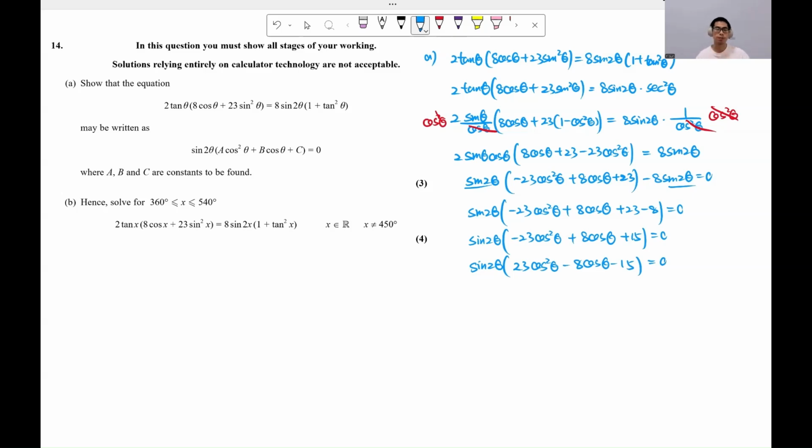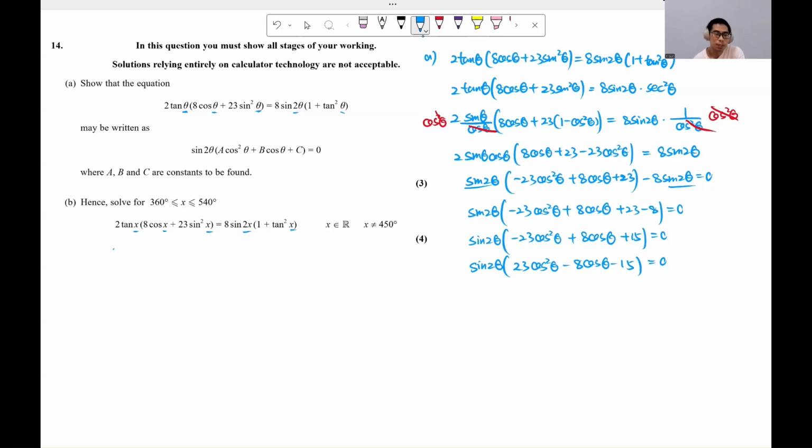That's the final answer. Part B: solve for x between 360 and 540. This equation is exactly the same as part A, the only difference being x instead of theta, so we can use the result from before.